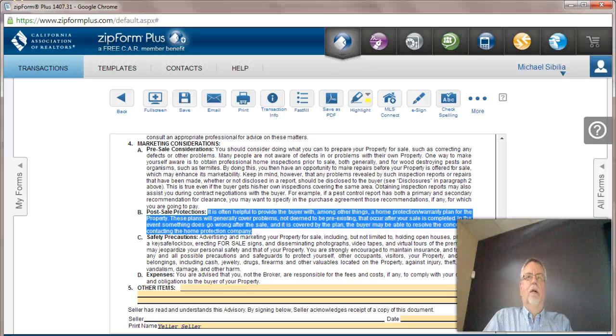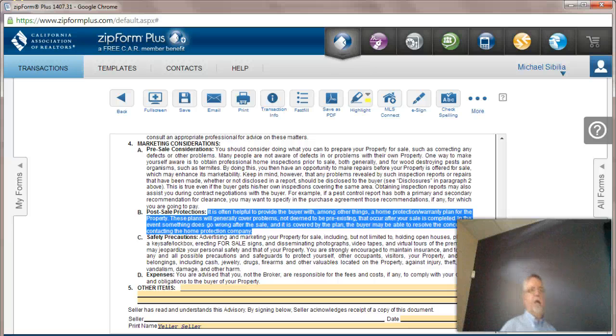Some kind of risk. So the errors and omissions insurance company will have a lower deductible, lower fees, and be more likely to cover you if all of your transactions have a home warranty. Why would they do that? Because there are fewer lawsuits if there's a home warranty.